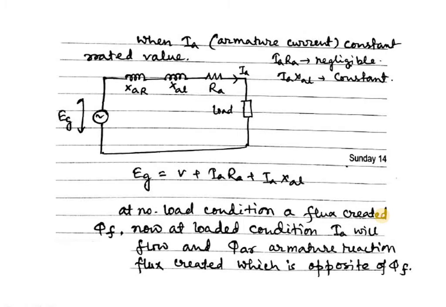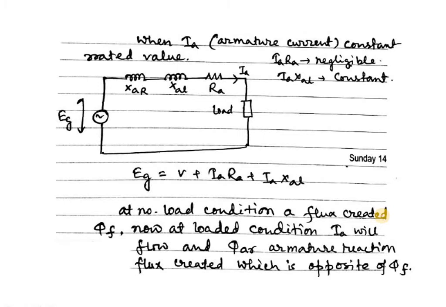The phasor diagram corresponding to the zero power factor lagging load is shown here. We know that the terminal voltage V is taken as the reference phasor. At zero power factor lagging, the armature current IA lags behind the voltage V by 90 degrees.